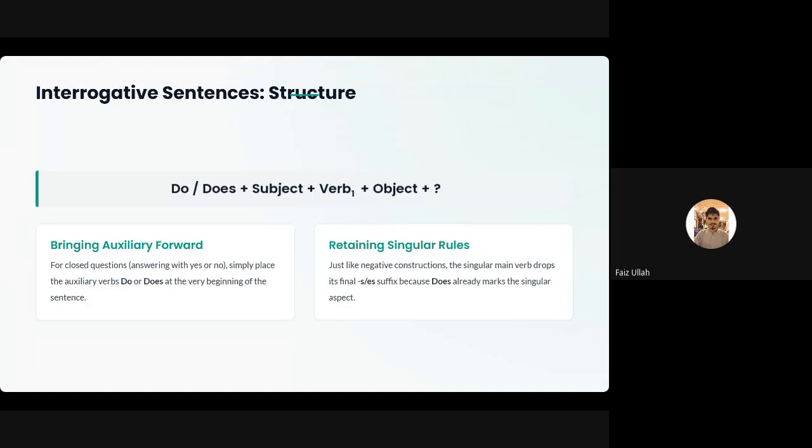Okay, the next one is about interrogative sentences. In the previous class, we talked about introduction. You are sitting with a stranger in a park. You introduce yourself. He or she also introduces herself. Now you talked about your daily routine.